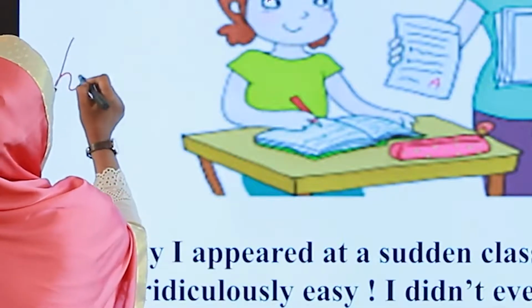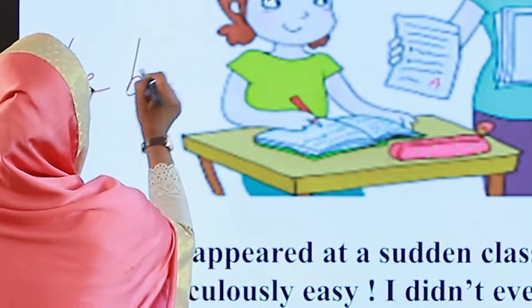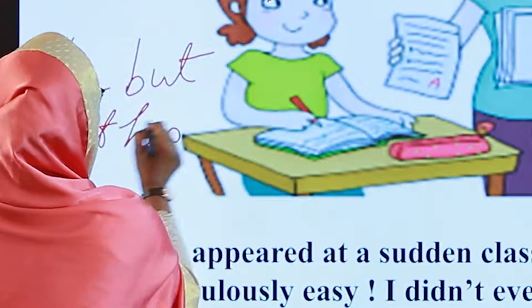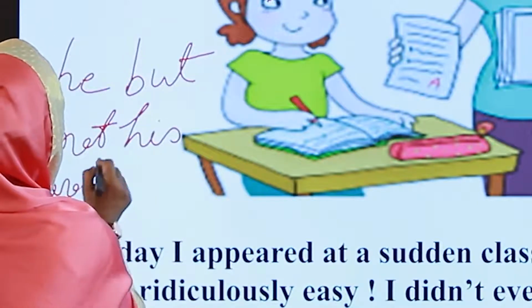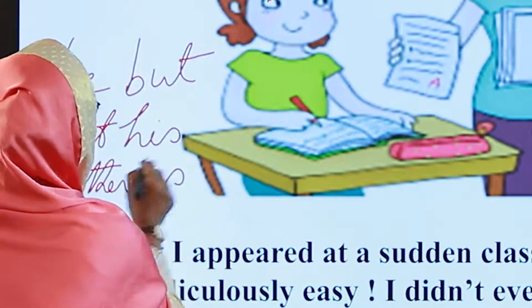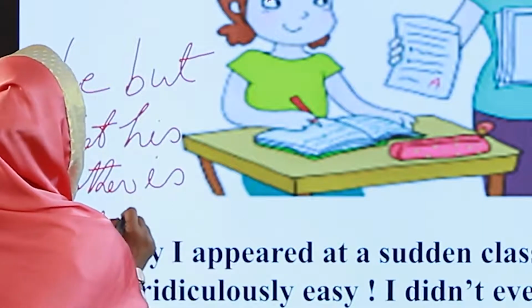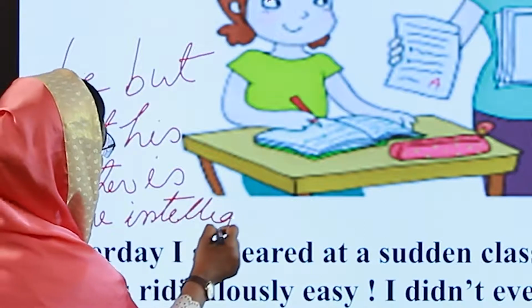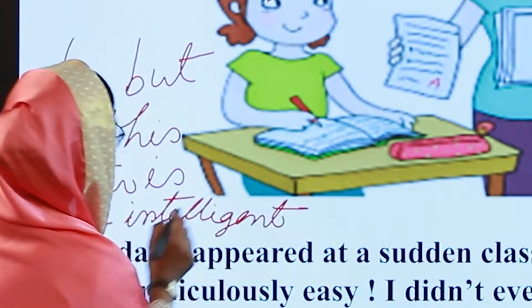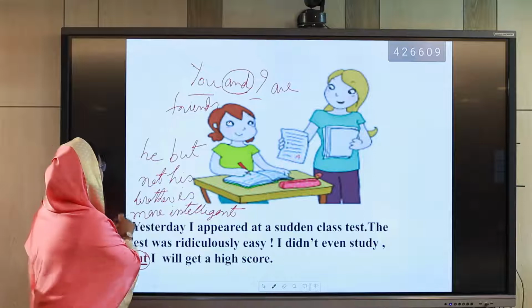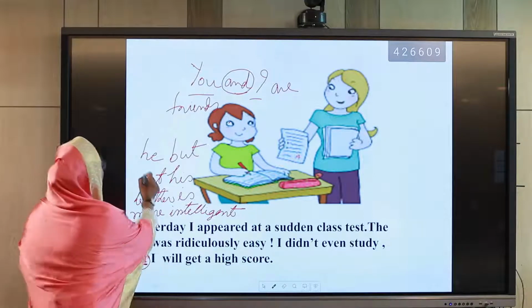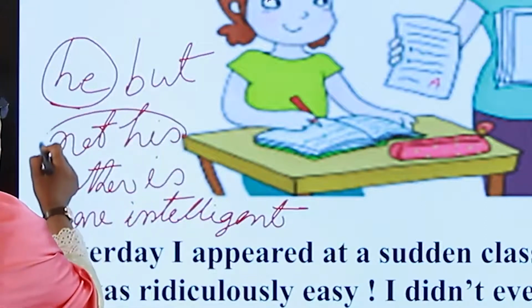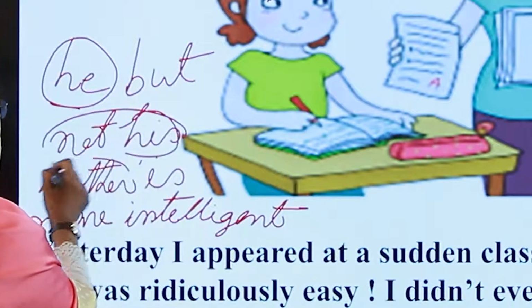And, he, but not his brother, is more intelligent. He, but not his brother, is more intelligent. Linked, not his brother.